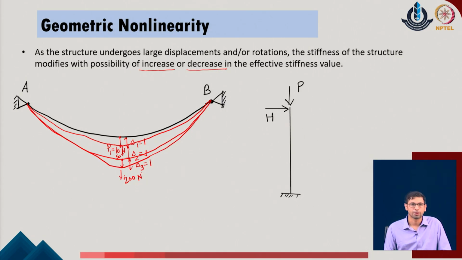So, this is a simple example by which we can understand that the stiffness of the given system does not remain constant, but as the displacements change, the amount of stiffness which the system is offering is also getting modified.